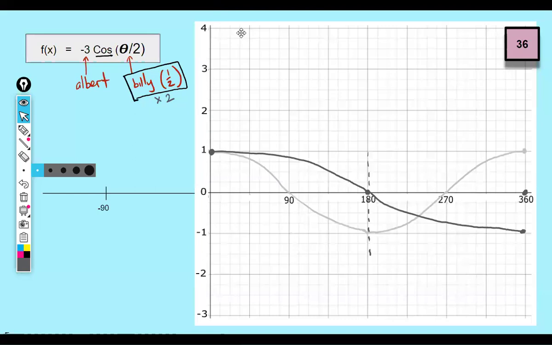The dark gray graph, well, I'm going to change my color to red now. We have to multiply all the y coordinates by -3, and not +3, -3. The y coordinate here is +1. 1 multiplied by -3 is -3. So this 1 multiplied by -3 goes down to -3.